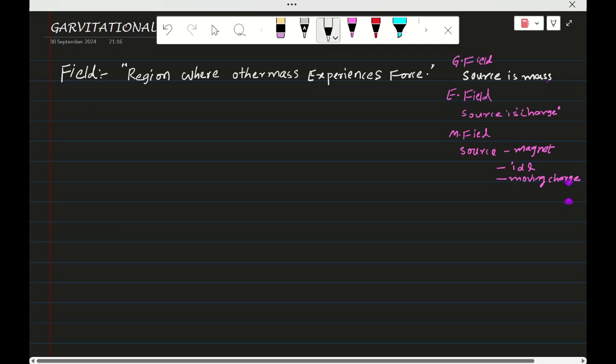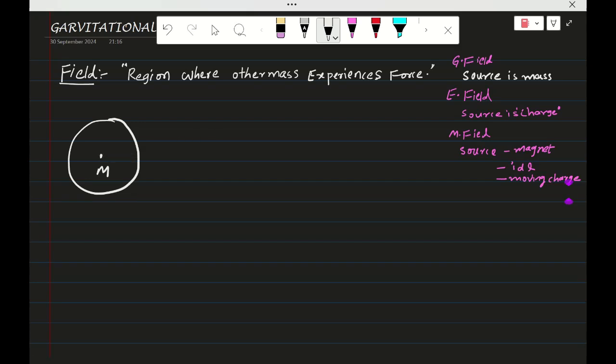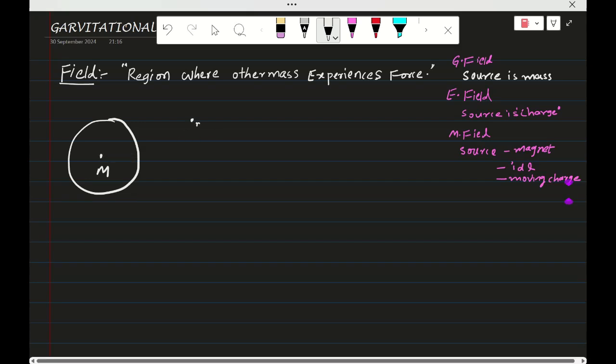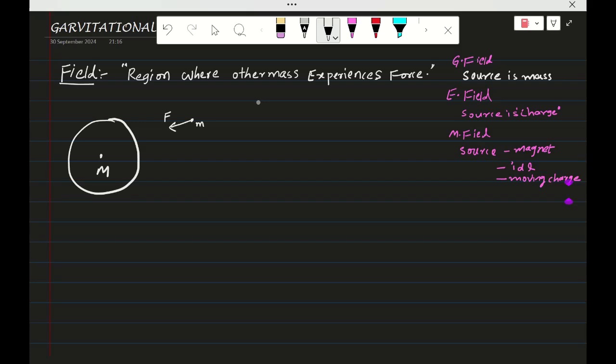So now, coming into this, for example, in most cases we find the gravitational field for our Earth only. So this is our Earth of mass m, or any particle of mass m. Here one particle of unit mass is there, and it experiences the force. Every particle, wherever it is except at infinity, has a force.